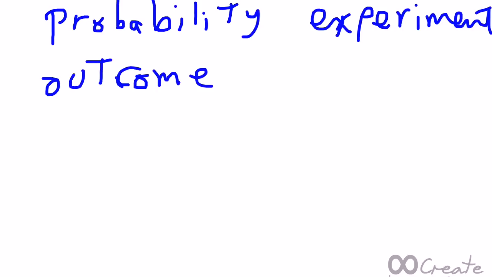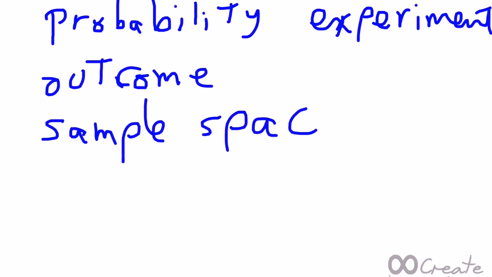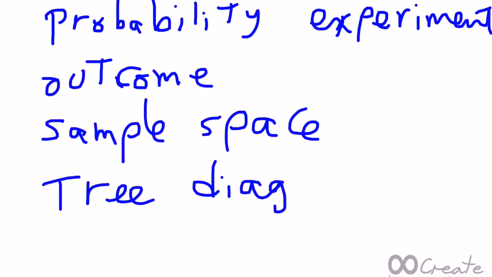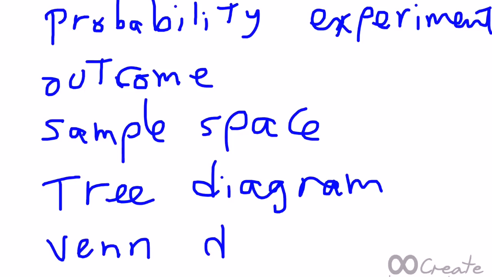And we learned what a sample space is, and what a tree diagram means, and what a Venn diagram means. So if you still have any problem with these concepts, then please go back and watch the video again from the beginning.